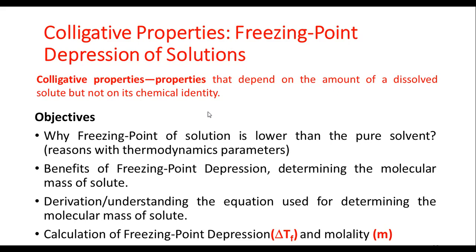In the first lectures about colligative properties, I discussed them in detail. Previously we have also discussed the lowering in vapor pressure and the elevation of boiling point of the solution as compared to the pure solvent.